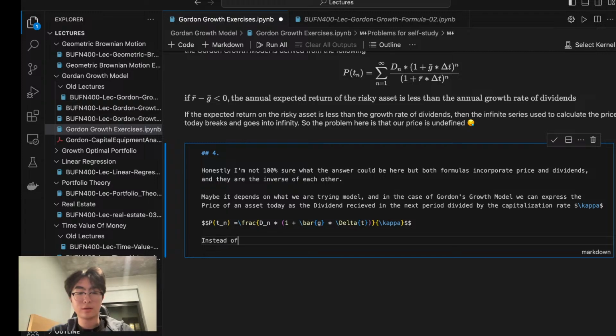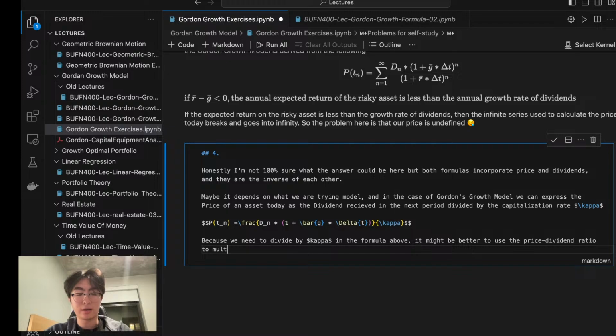Instead of, because we need to divide by kappa in the formula, it might be better to use the price dividend ratio to multiply.